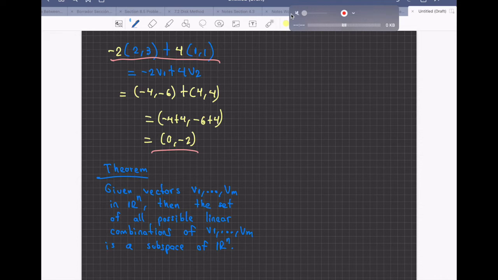Proof. Oh, by the way, this set has a name.